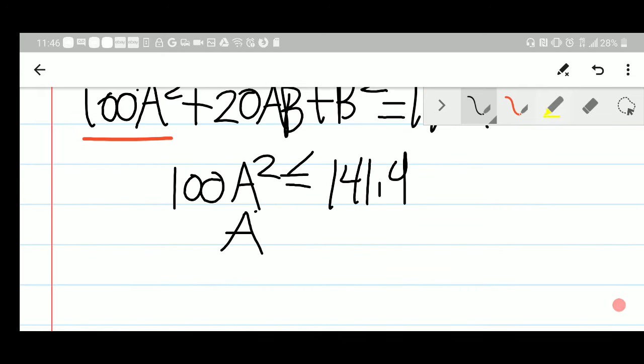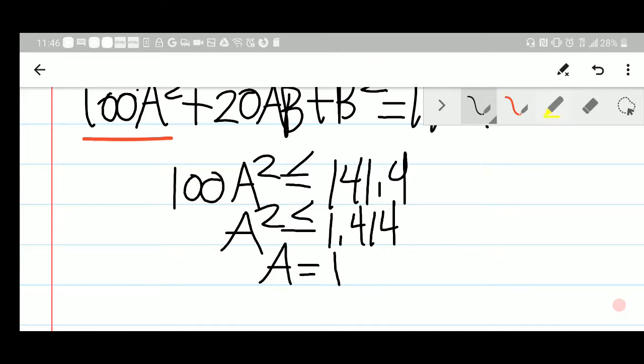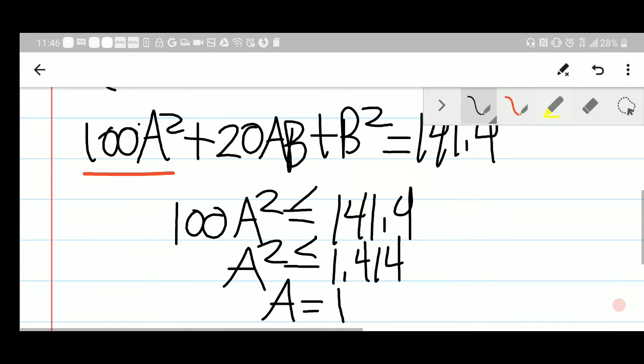So a squared has to be less than or equal to 1.414, and the only number that works is 1. That number gets us close but not over 1.414. So we go back, plug that into our original.